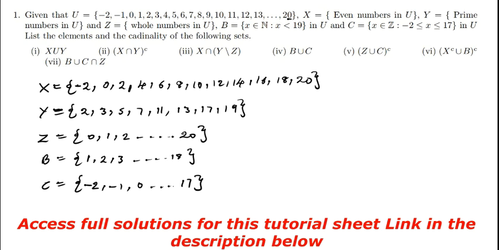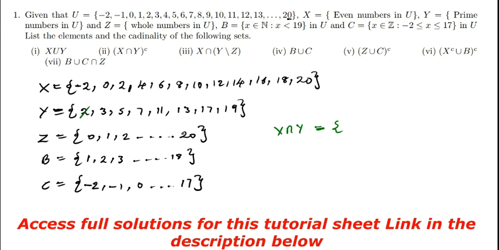Then we go to the next question: X intersection Y, complement. Complement simply means elements which are not found in that set. We can start by listing the elements which are found in X and Y. We have set X here and set Y. Let's list the elements which are found both in X as well as in Y. X intersection Y is the elements which are common in these two sets.